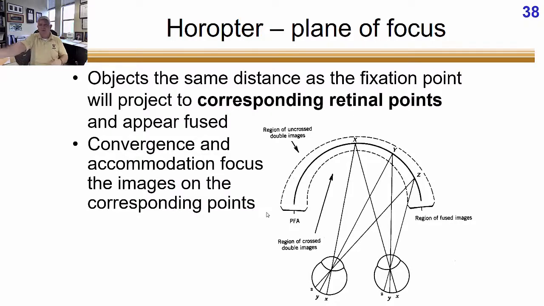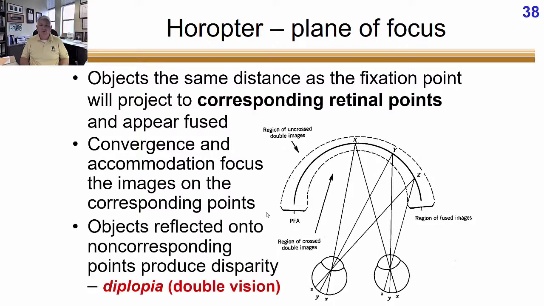So everything 20 feet and longer, our plane of focus is pretty static, and we can't really use non-corresponding retinal points to detect things. When objects are not within that region of uncrossed images, it creates diplopia, or double vision, because those things are falling on non-corresponding retinal points and they don't get matched up in our brain.